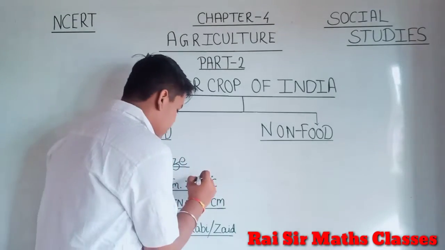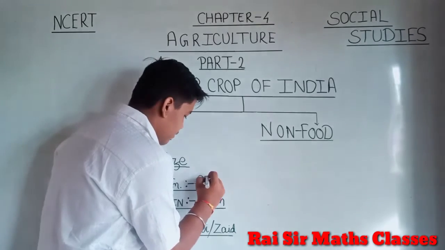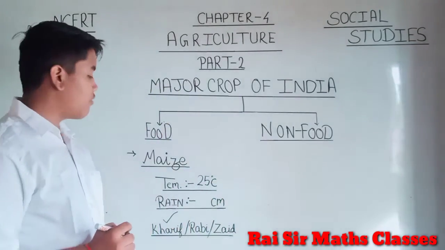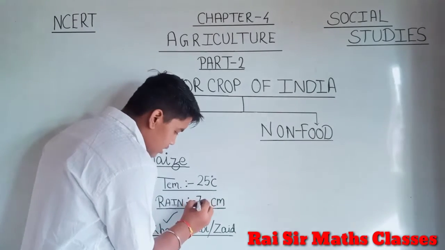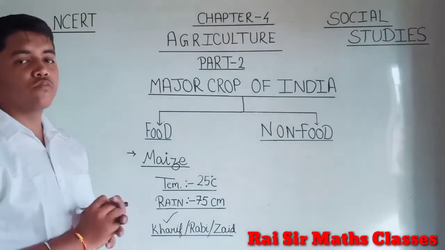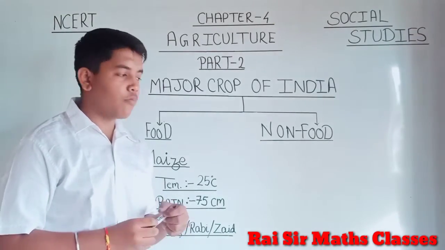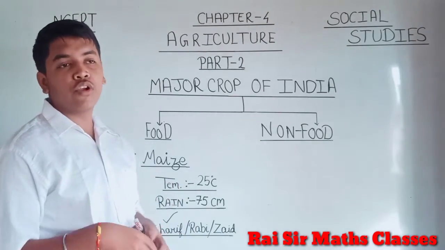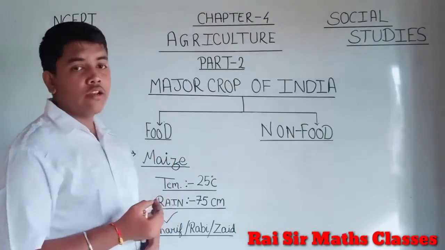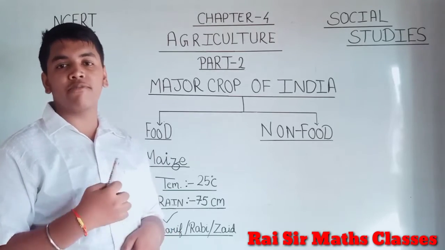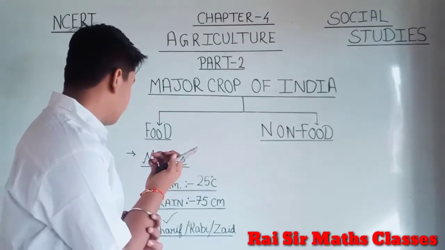Temperature: it requires a minimum of 25 degrees Celsius and more than 75 centimeter of rainfall. So from this you can understand that the crop is kharif, so it requires more rain and less temperature, meaning less temperature and more rain, meaning more water.